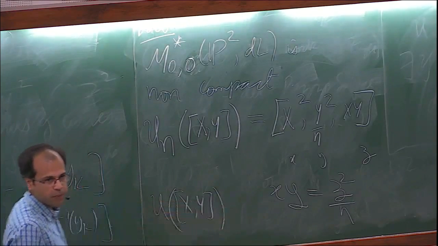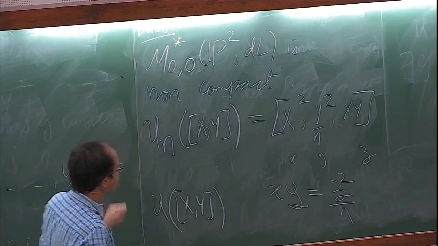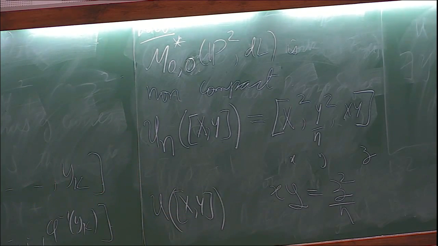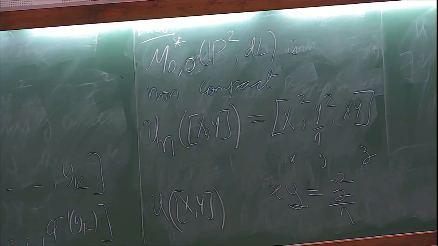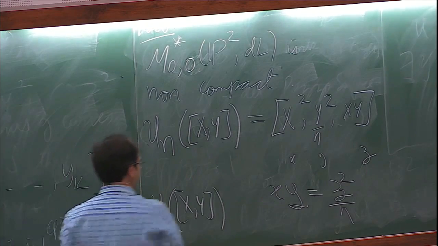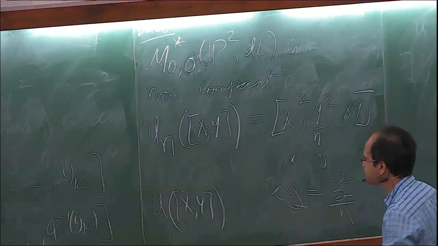If you think a bit, you will see that this sequence, even after passing to a subsequence, cannot converge. But very naively you see that it should, within quotation marks, converge to a pair of lines.